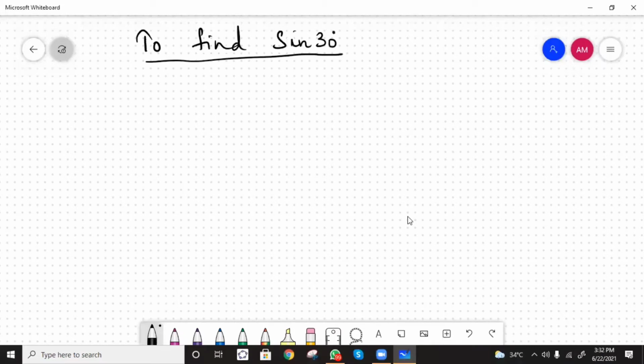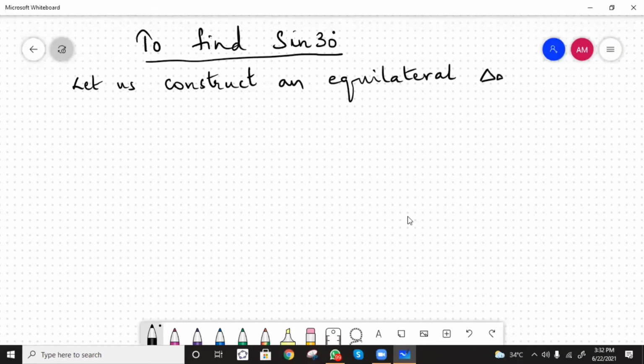So for that, let us construct an equilateral triangle. So we all know what an equilateral triangle is?